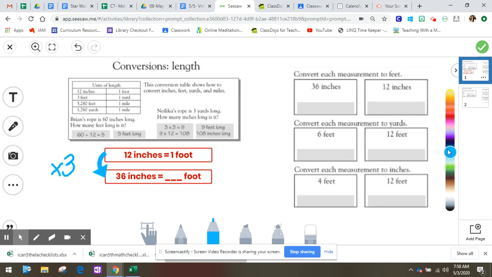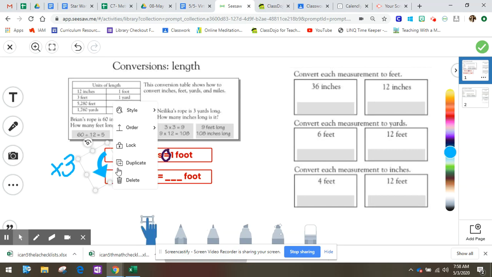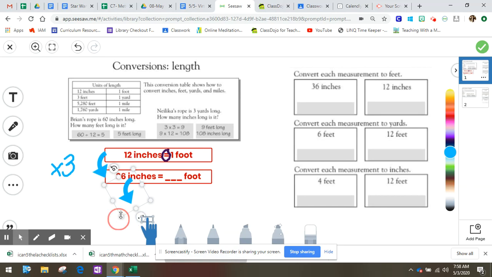Now remember here in the middle, this equal sign means that whatever is on this side is equal to whatever is on this side. Well, if I triple this side or make this side 3 times larger, then guess what I have to do on the other side? You got it. I have got to times it by 3 also.